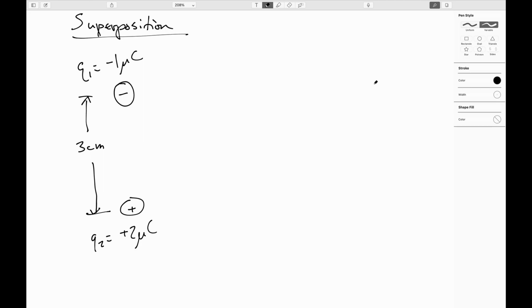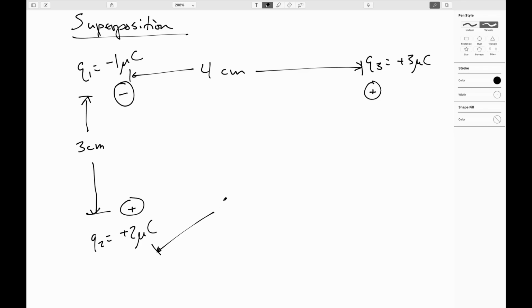And then let's say our charge of interest here, Q3, which will be +3 microcoulombs, is 4 centimeters away. So zoiks, I made this a 3, 4, 5 right triangle. So this distance here will be 5 centimeters. We'll call this distance here R13. We'll call this distance here R23.